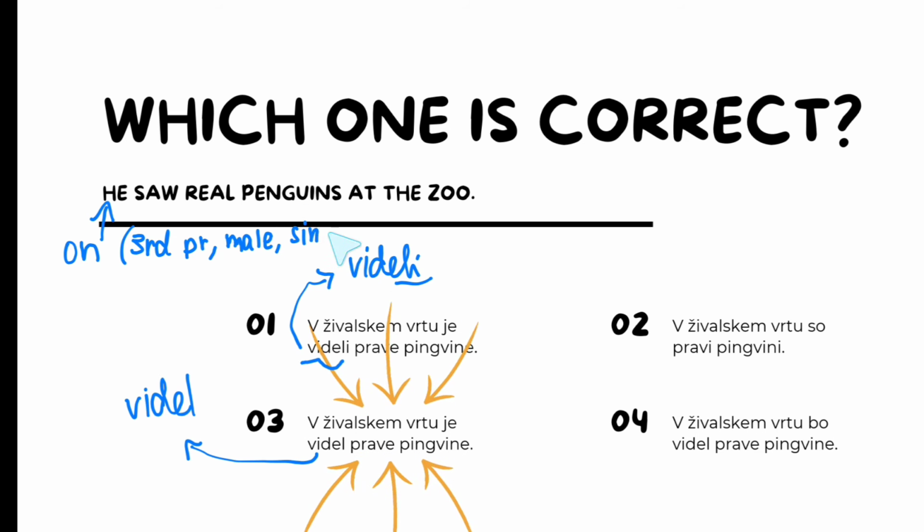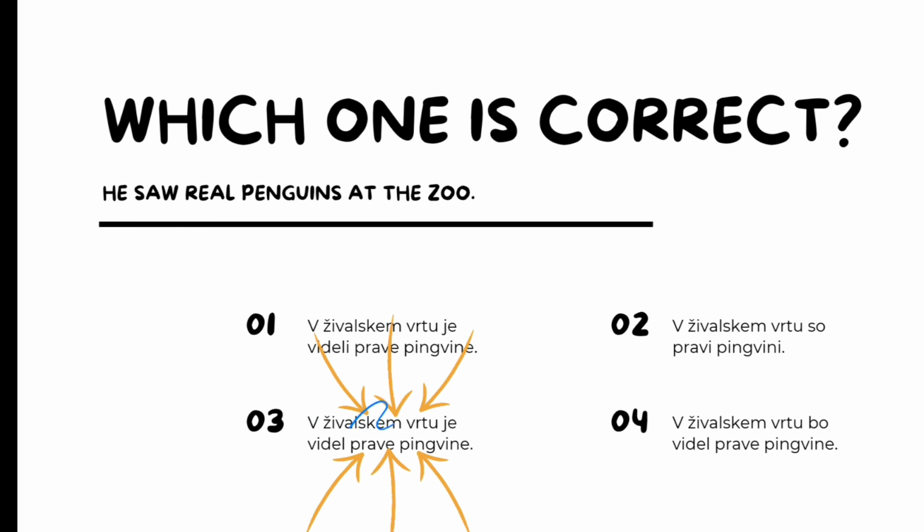Singular. And the important thing is, it is singular, but videli is for plural, whereas videl is for singular. So that is the reason why the first one is not correct.